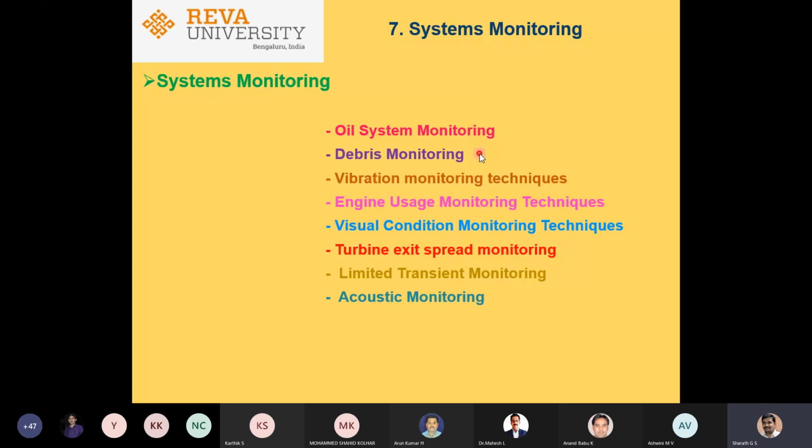Coming to the engine usage monitoring systems, there are various types of monitoring systems. Visual control systems are there, wherein we use fibroscopes and endoscopes to see any damage development in the remote places of the engine, like any damage or any FOD, or any coking, that is ineffective combustion and deposition of carbon.